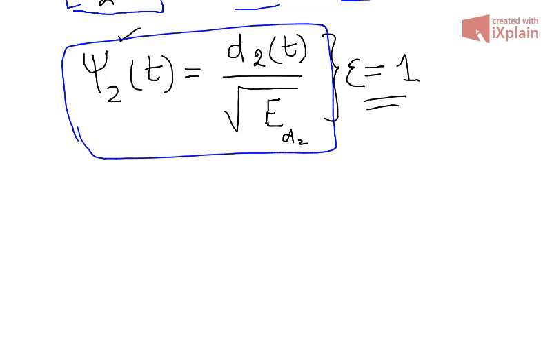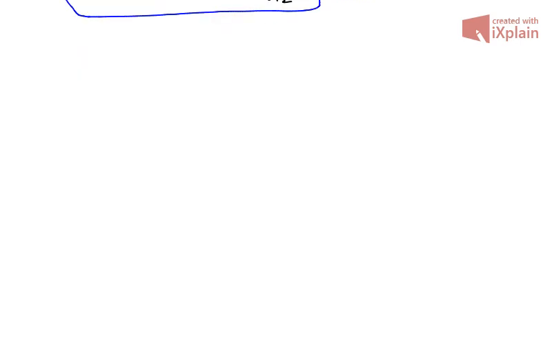Let me do it to find psi 3 of t. What we have done till now is we selected S1 of t, a non-orthogonal signal from the M non-orthogonal signals. We selected the first one, and we found psi 1 of t from this signal.